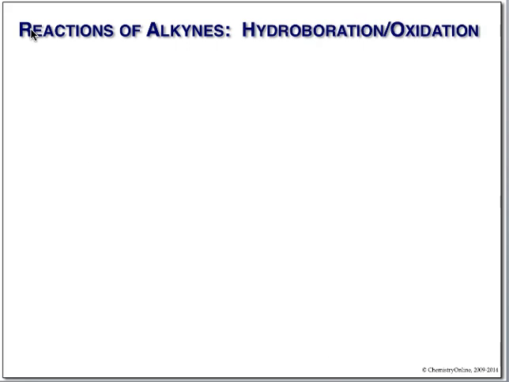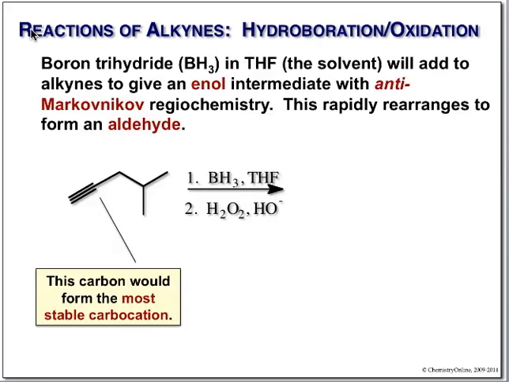All right, well, let's kind of do this over again, just slightly differently. When we talked about alkenes, we had two ways to make alcohols out of them. One was Markovnikov, and the other was anti-Markovnikov, right? The anti-Markovnikov used BH3 and a solvent like THF, followed by peroxide.